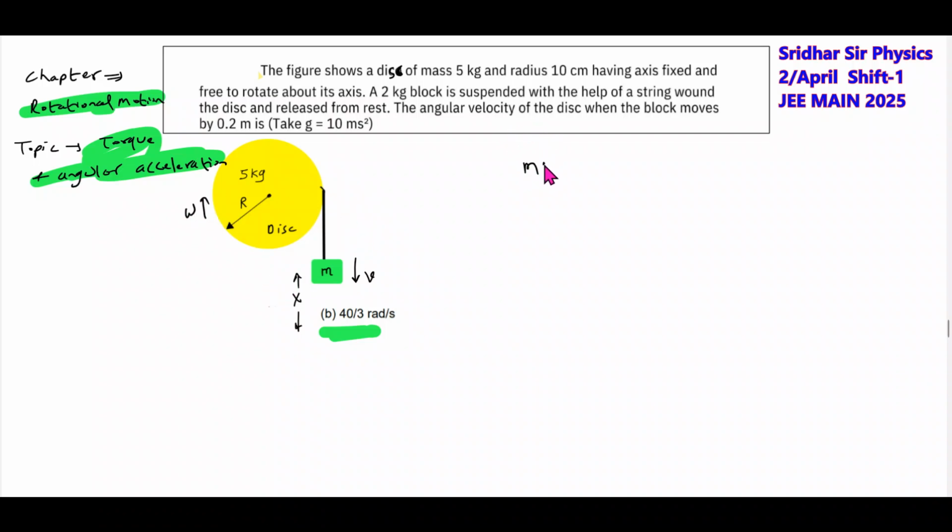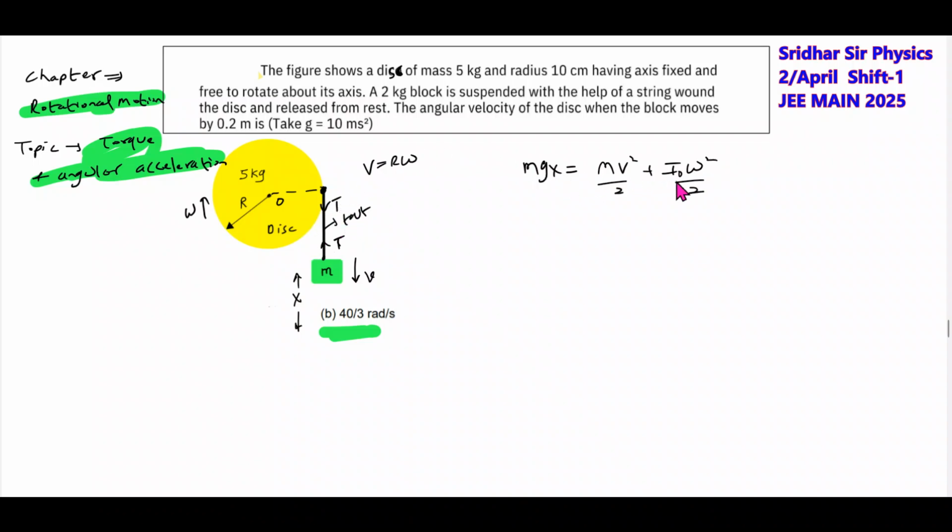So applying conservation of energy, mgx equals half mv squared plus the rotational kinetic energy of the disk, half I omega squared. The radius is r, and v equals r omega, since the velocity of this point should equal the velocity of the block because the string is taut, and the net work done by tension will be 0 here.